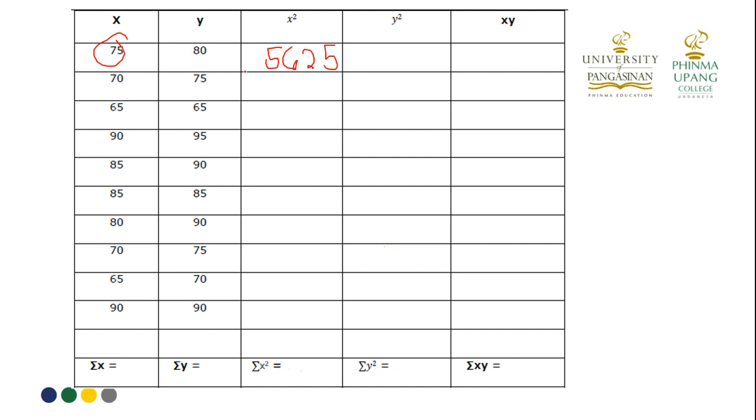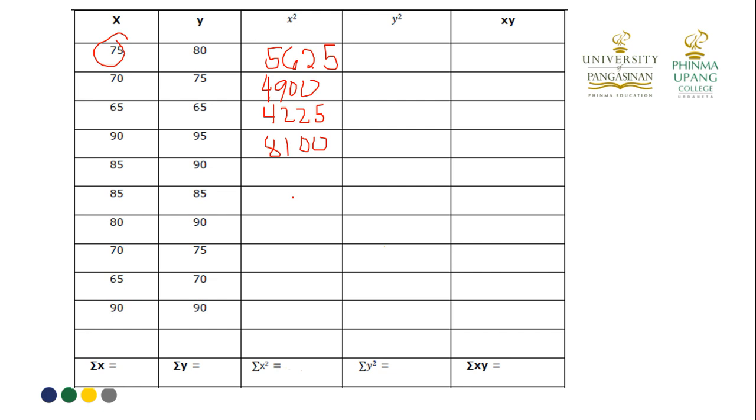How about number 2? 84,900. Next, number 3, 4225. Number 4, 8,100.